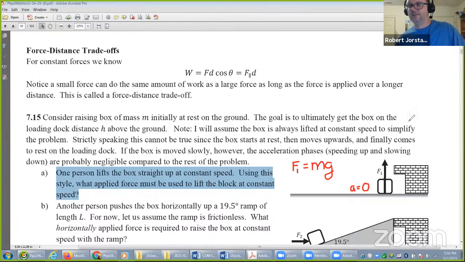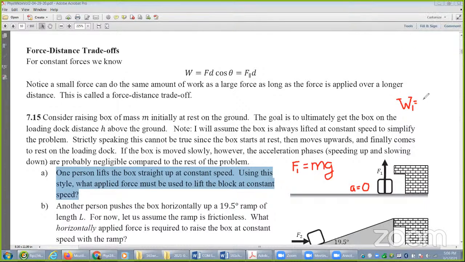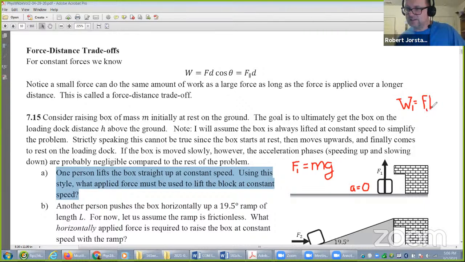Great. So what's the work done by force 1? Well, if you recall, that's going to be force 1 times the distance, which is h, times cosine of the angle.